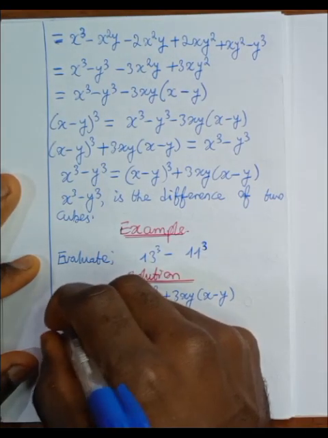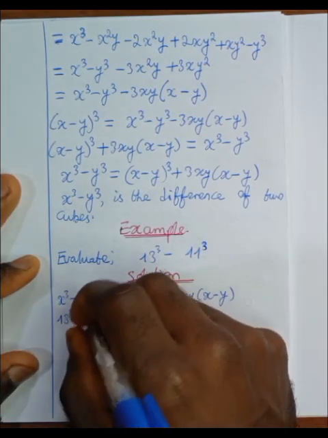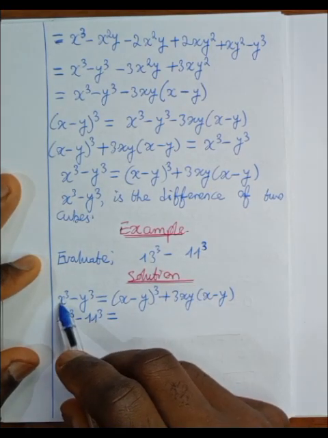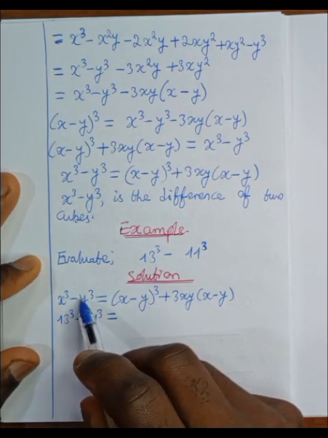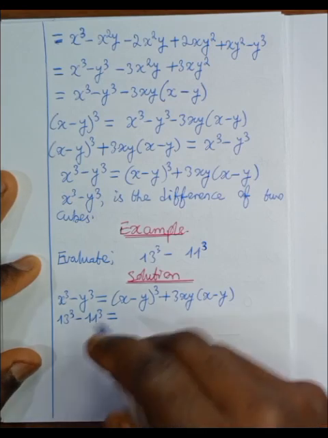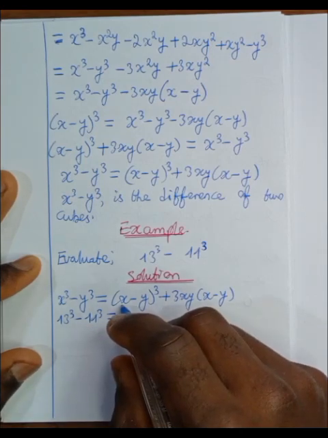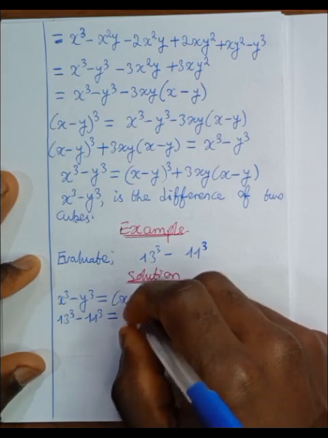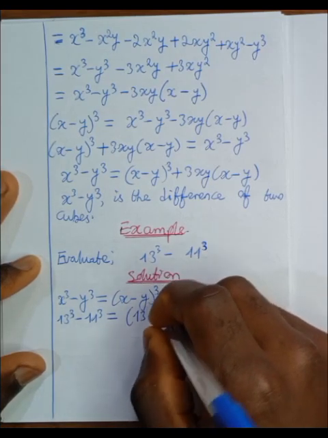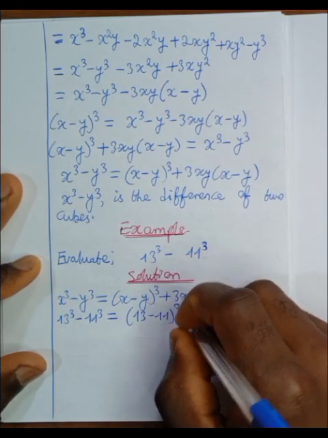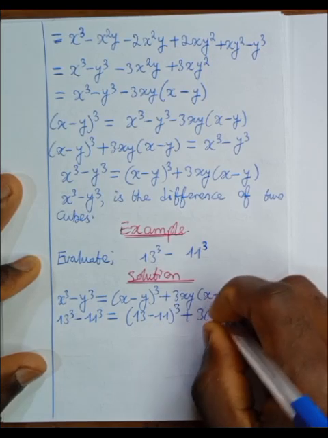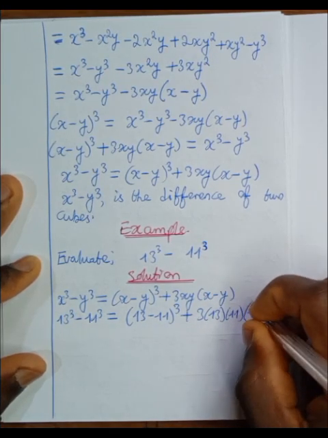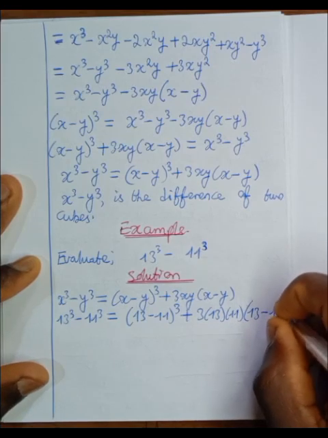We take 13 cubed minus 11 cubed. We compare, our x is 13 and our y is 11. So we are going to replace x with 13 and y with 11. So this will be equal to 13 minus 11, all this cubed, plus 3 times 13 times 11 times 13 minus 11.